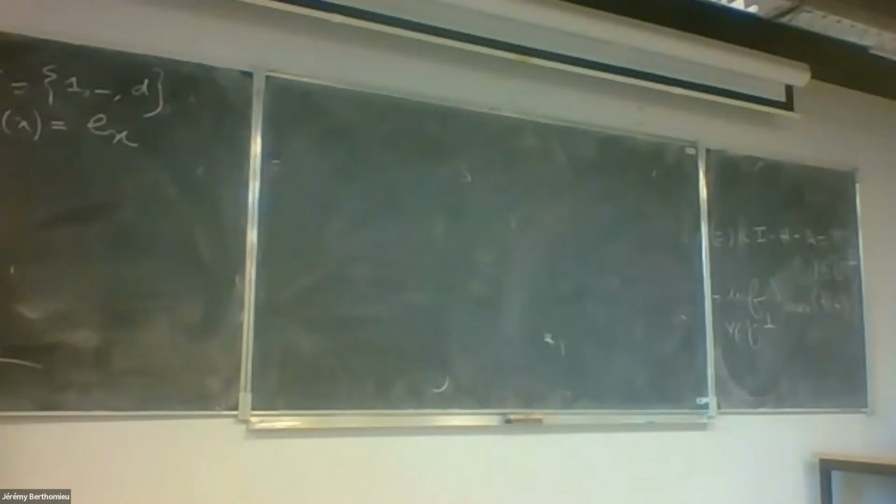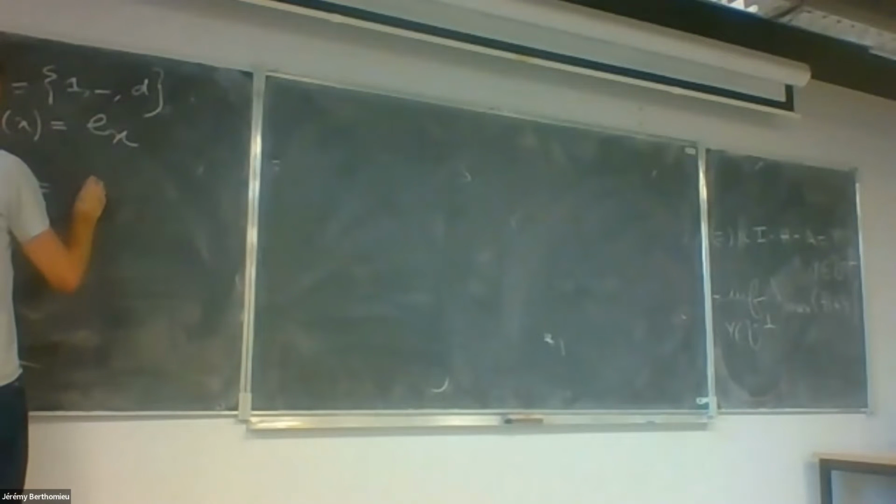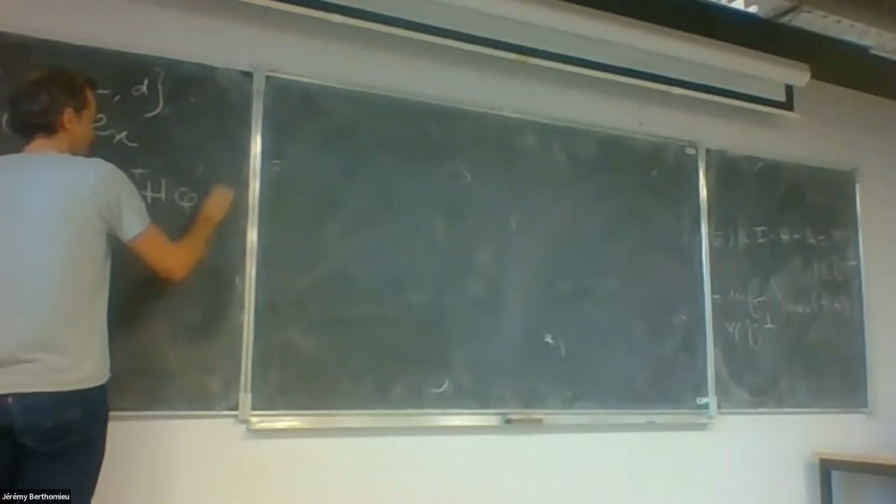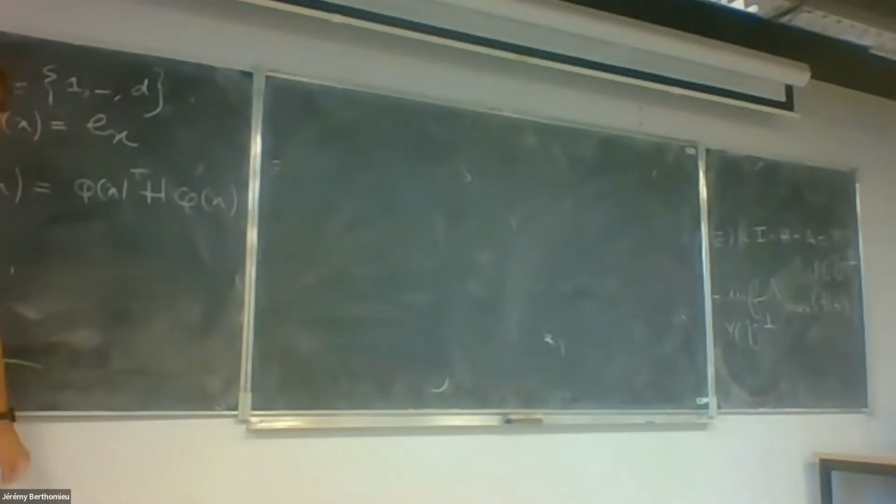So whenever I have a function h of X, essentially a vector of size B, I can write it as the inner product of P of X and h.